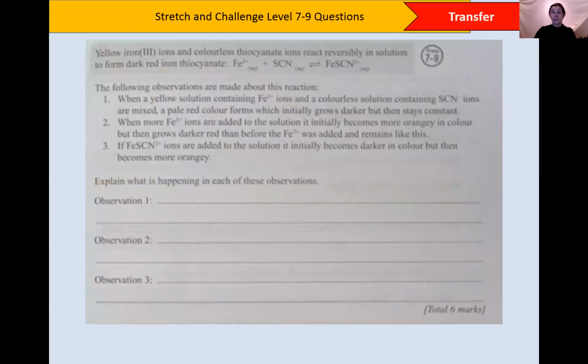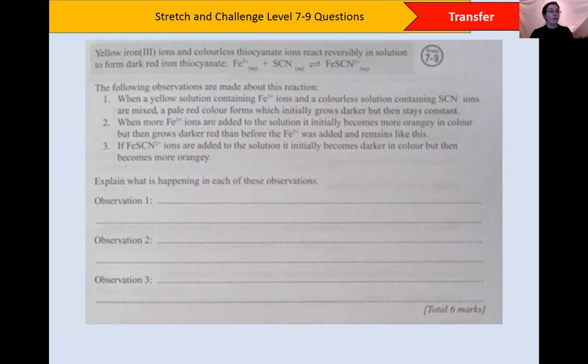And this is my stretch and challenge question, aimed at levels 7 to 9. It's looking at yellow iron(III) ions and colourless thiocyanate ions. They react reversibly and form a very dark red iron thiocyanate. SCN is the thiocyanate ion.